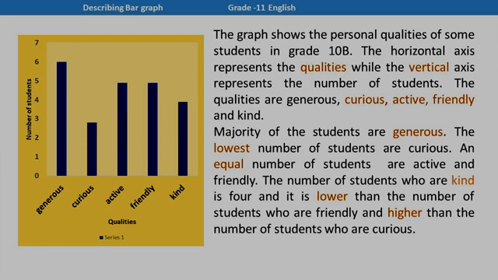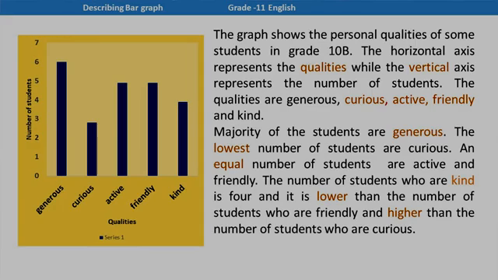There the number of students who are kind is 4 and it is lower than the number of students who are friendly, and blank than the number of students who are curious. It is higher than, right? Now this is the completed answer. So I think you have done well, right?